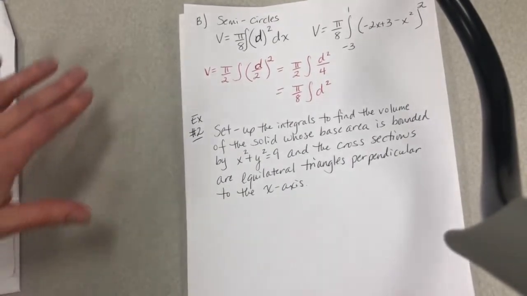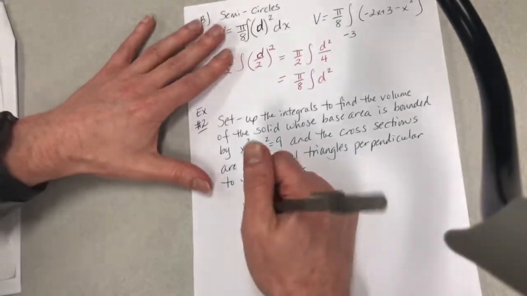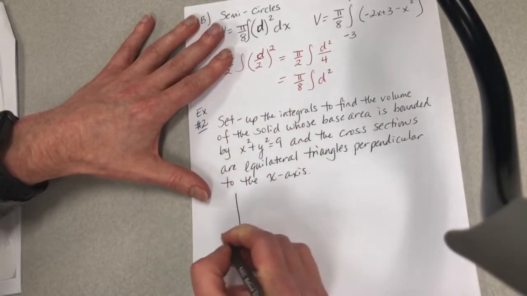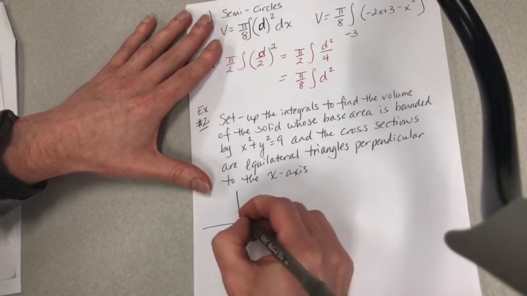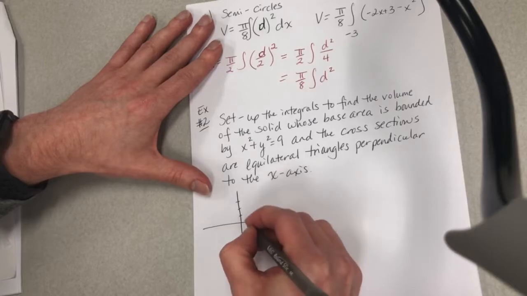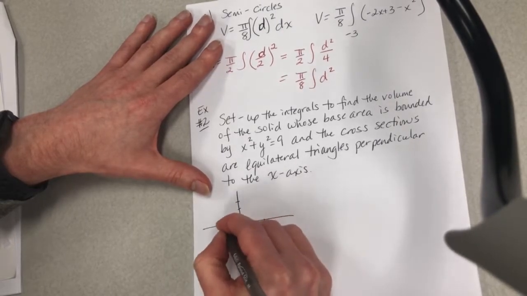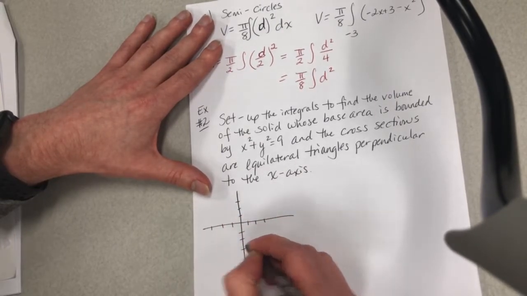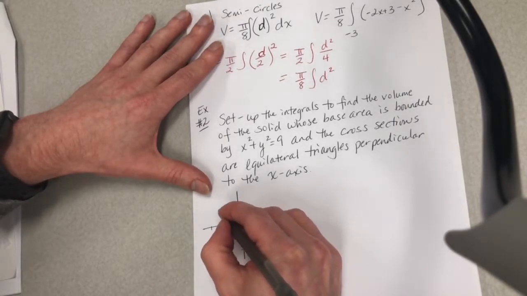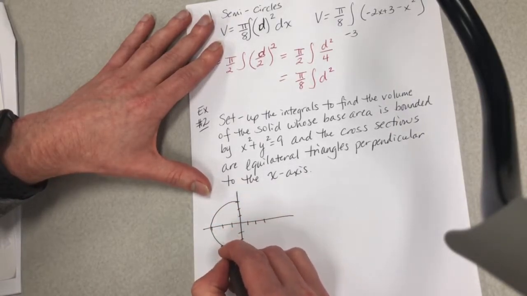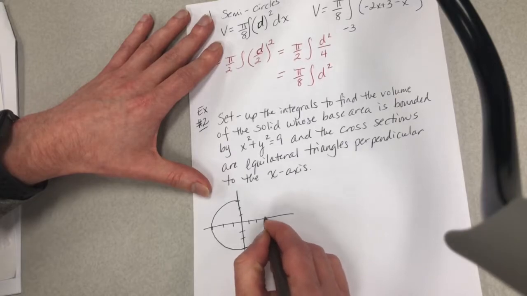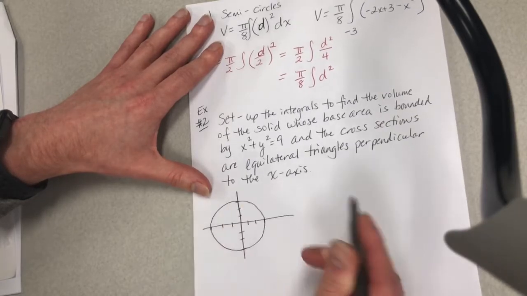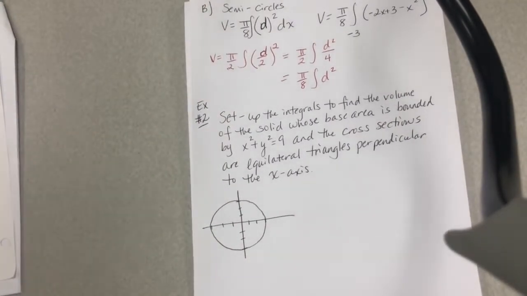Now, if we don't know what x squared plus y squared is equal to 9 looks like, that's the equation of a circle with a radius of 3. Okay, so that's your region right there.